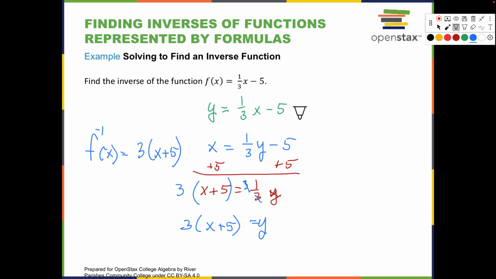So my suggestion is go ahead and leave it as it is. But that's how we can find an inverse. We just rewrite it, swap the x and the y, and solve for y, and we've got our inverse. Easy to say, but sometimes hard to do. Okay, because there'll be a couple examples, and let's see what they give us.